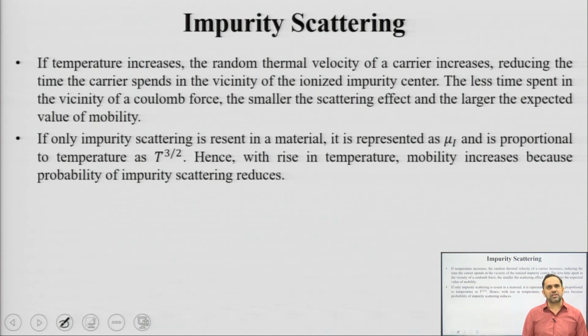This basically means that this impurity scattering mechanism gets reduced by an increase in temperature, because of which the mobility increases with temperature if only impurity scattering was present. So if in a semiconductor only impurity scattering was present, with no other scattering mechanism, your mobility is going to increase with temperature.